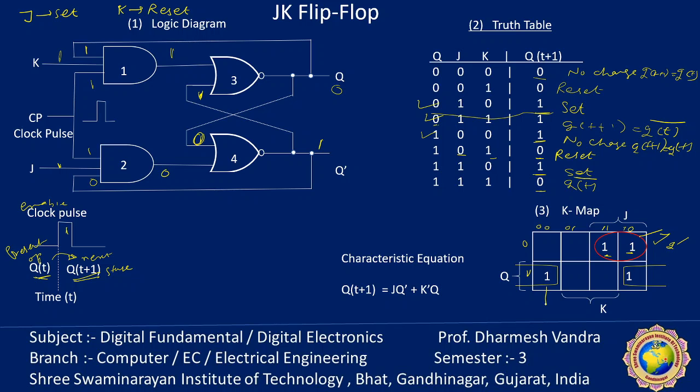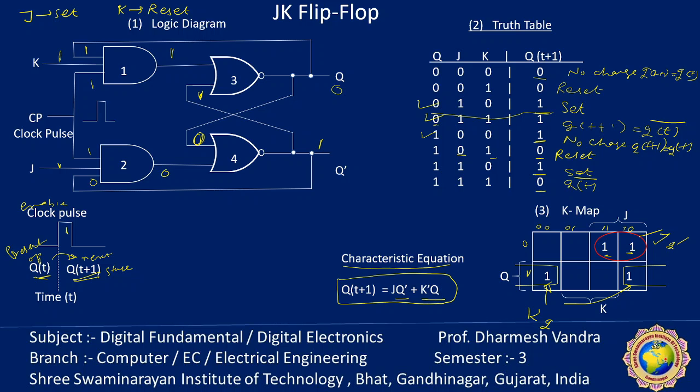While these two cells are Q and the value of K dash. So it is K dash Q. So the characteristic equation of the JK flip-flop is JQ dash plus K dash Q for the next output.